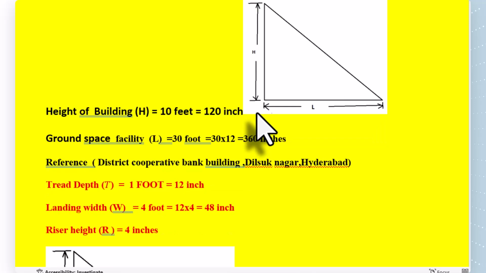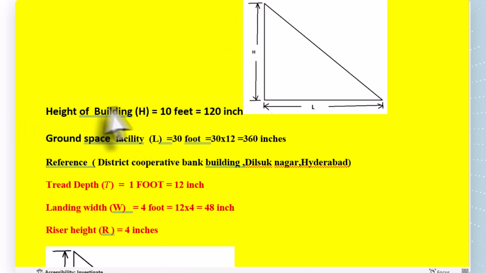In this case, we have a reference tread depth that we call capital T, which will be taken as 1 foot, that is 12 inches. The landing width is W, that is 4 feet, or 48 inches. And the riser height, meaning step height, is called R, that is 4 inches.